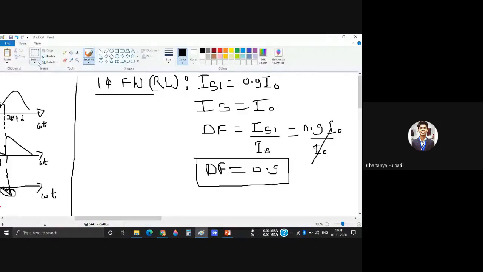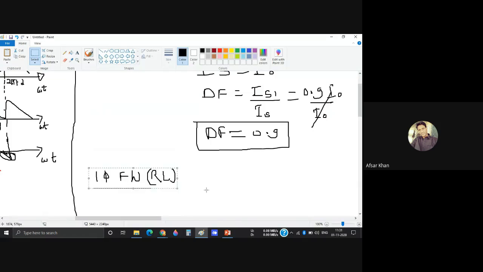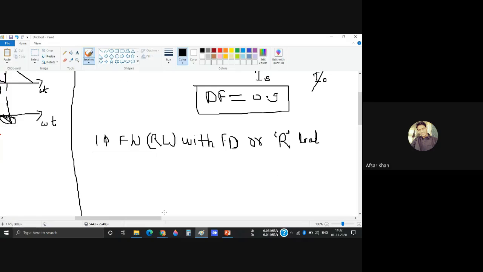Now, if you see single phase full wave rectifier with RL load and freewheeling diode FD, which is nothing but R load, we have some formulas.